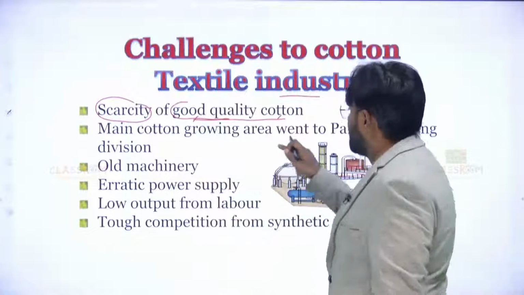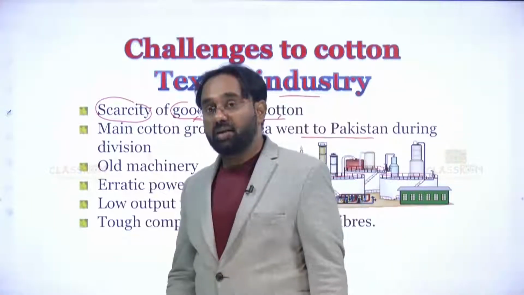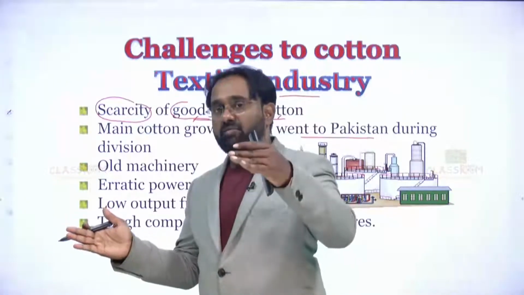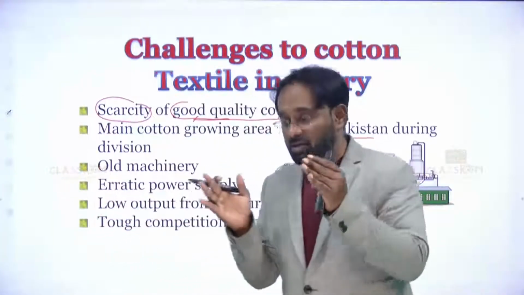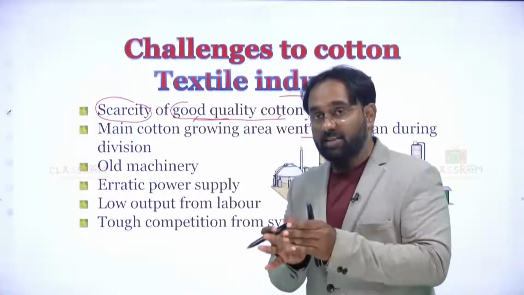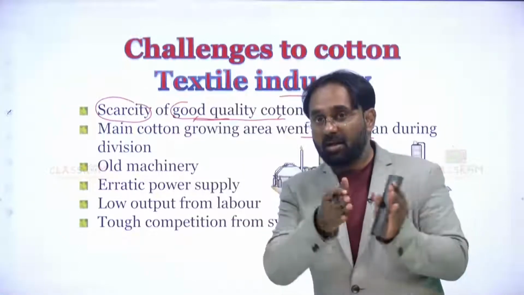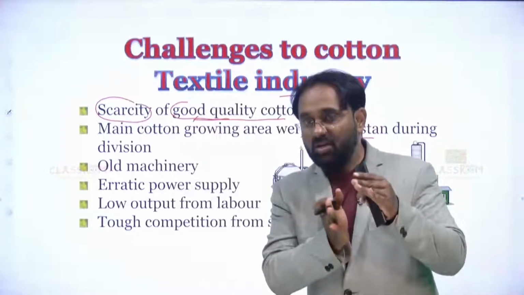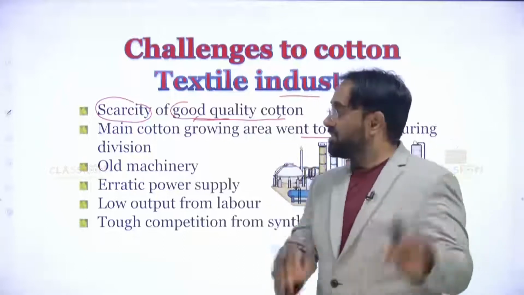The main cotton growing area went to Pakistan during the division. Pakistan was an important place in United India where huge cotton was produced even during the time of the Britishers, who exported a lot of cotton from Gujarat, Maharashtra and the Pakistan region. After Pakistan got divided, the bulk of the cotton production lands went to Pakistan. That was the problem.